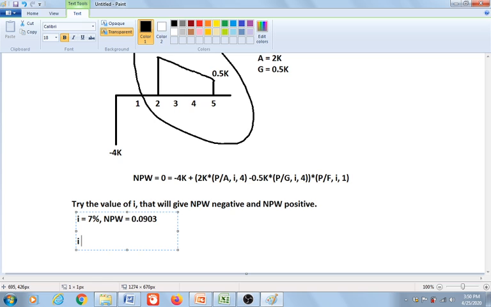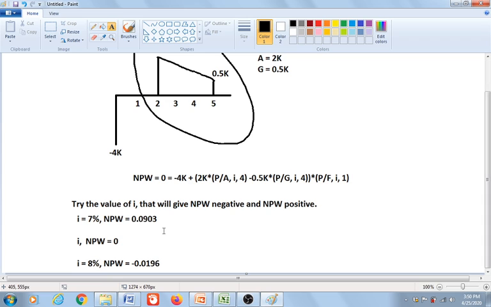And when you try I equal to 8%, you're gonna get NPW equal to minus 0.0196. Now what we are looking for is the value of I when NPW equals 0.